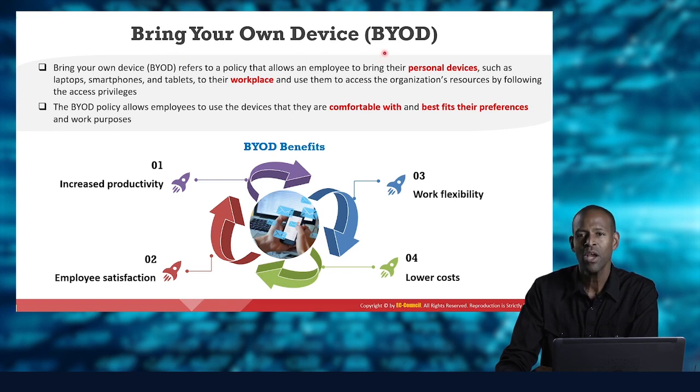There's BYOD. COBO is company-owned, business only, where you have a phone that the organization gives you, the organization purchased, the organization manages, and you can only use it for business stuff, no personal stuff.